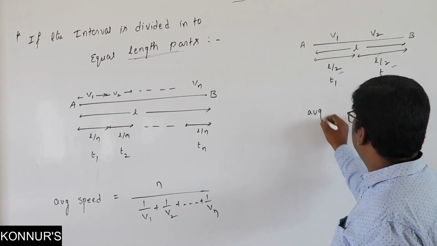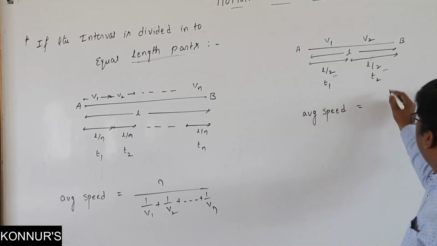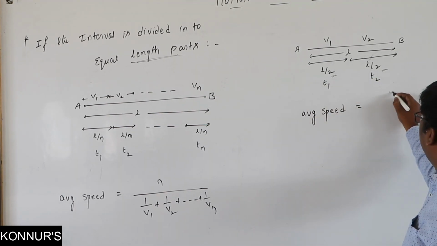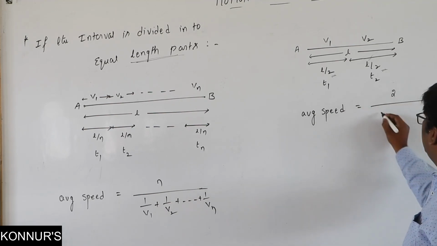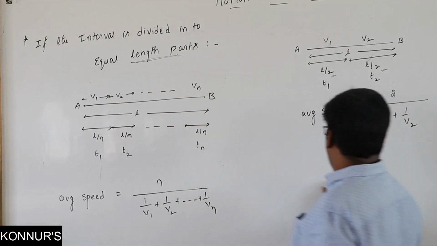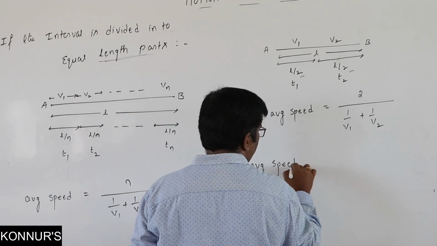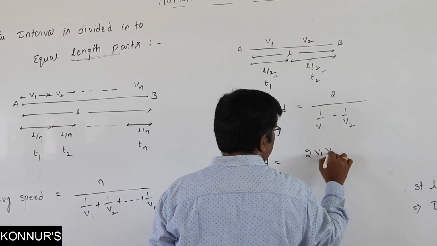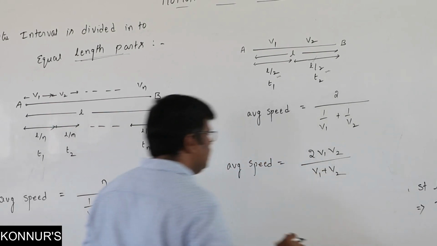Then the average speed is 2 by (1 by V1 plus 1 by V2), which equals 2 V1 V2 by (V1 plus V2).